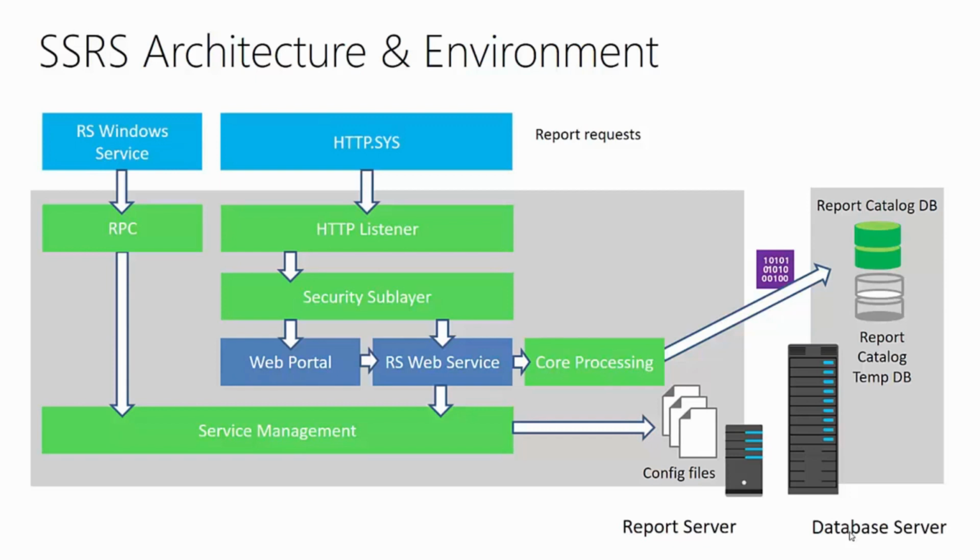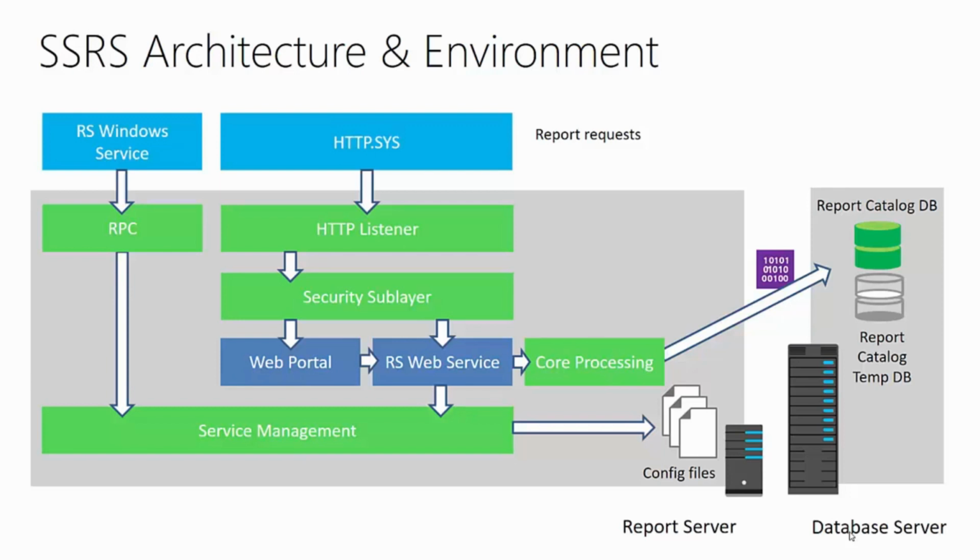Reporting services itself has a web endpoint, which we're calling the reporting services web service. And that is an ASP.NET web service that receives requests, passes them to the appropriate components to be processed, and then responds to those requests with content.